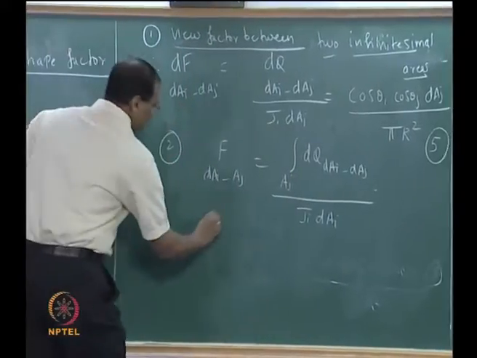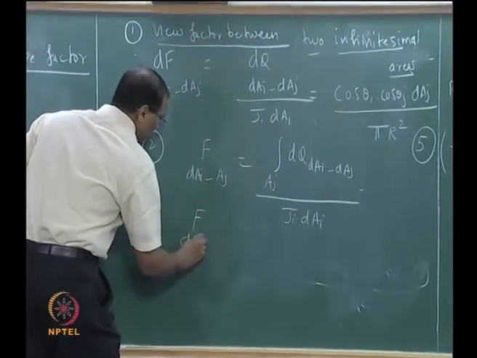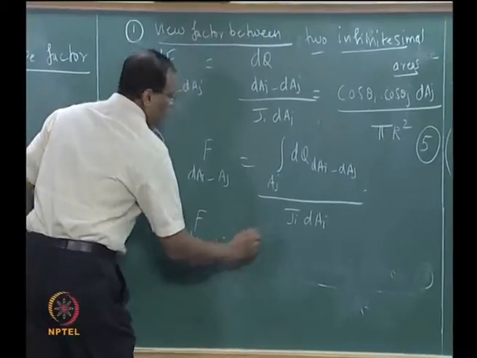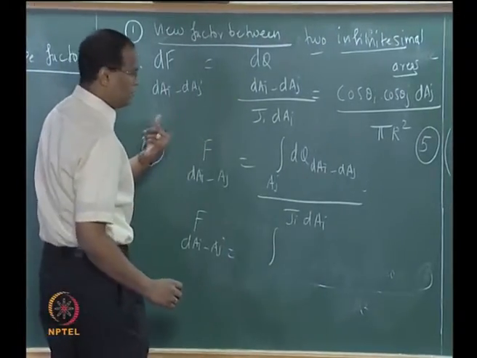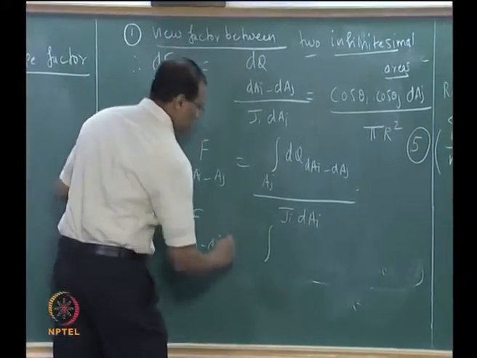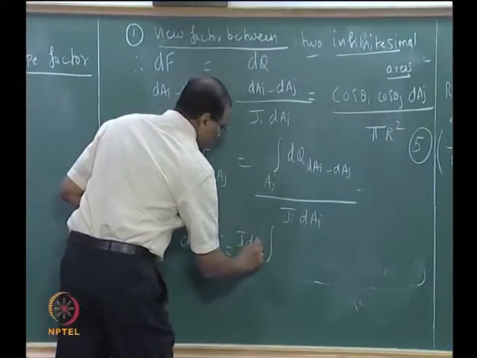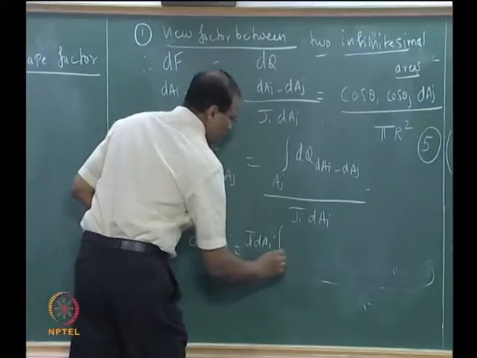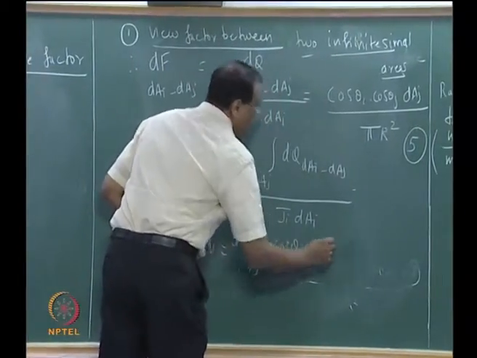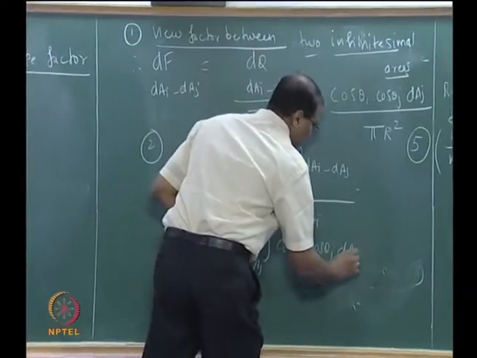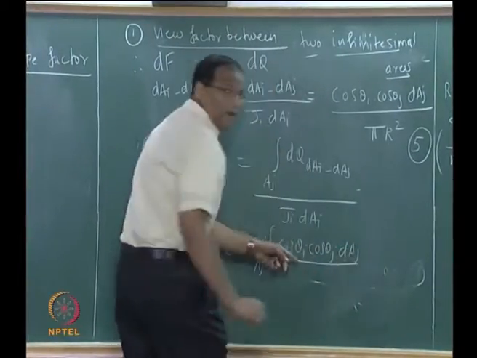Now the dAi can be pulled out. Ji, dAj, r will be a function of this.